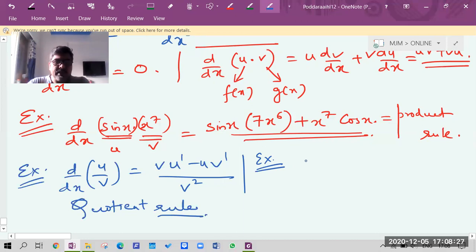So here you see example d by dx of u by v. So just let's take it as sin x upon again x square, a simpler one.